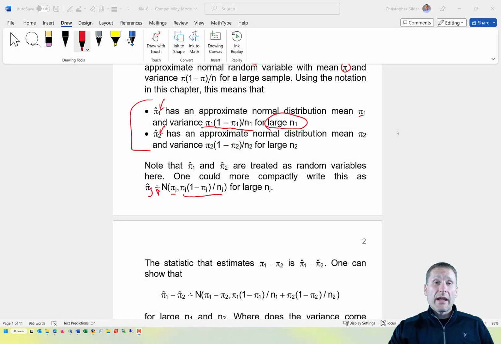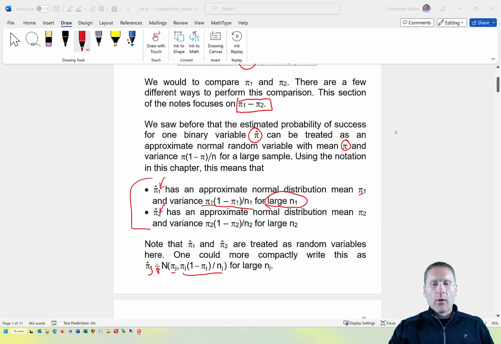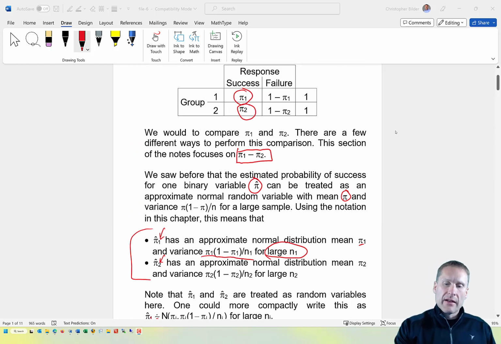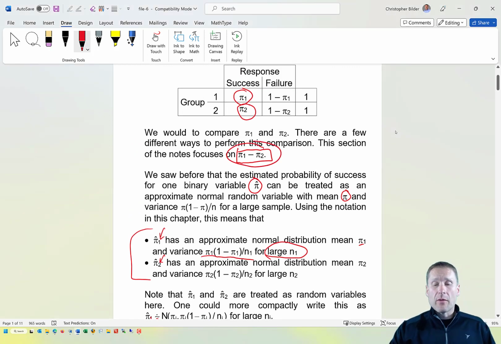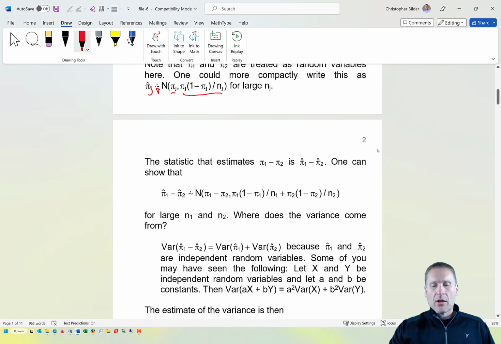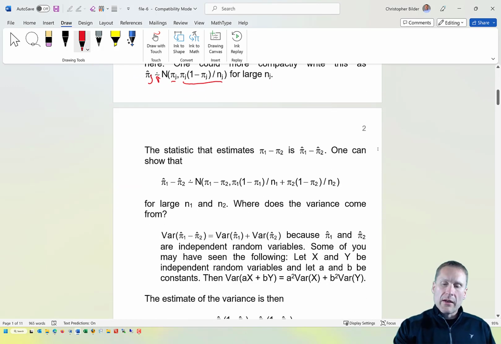So now that we have the distribution for pi hat sub j, let's see if we can get the distribution for what we're really interested in, and that is, again, trying to estimate pi1 minus pi2. So what we could do is look at the corresponding estimator, pi hat sub 1 minus pi hat sub 2.